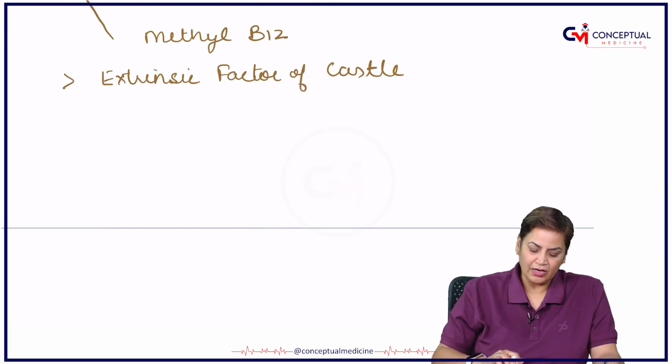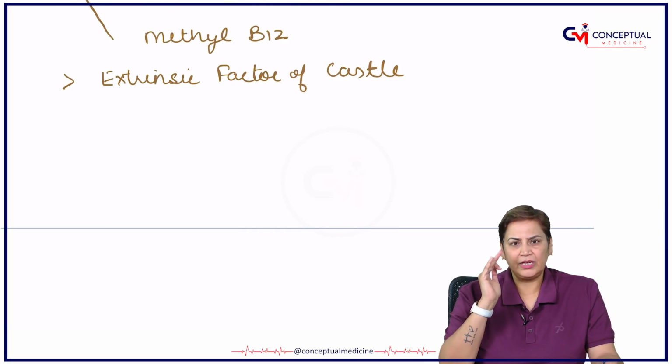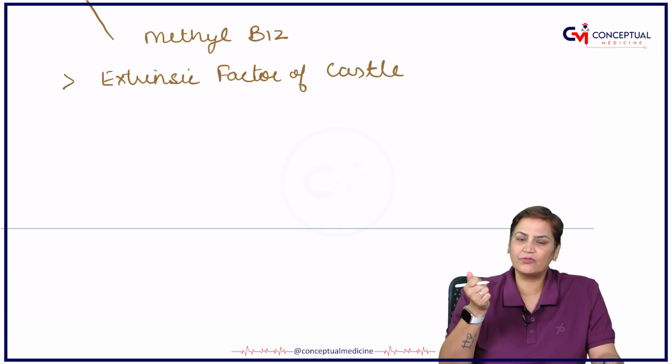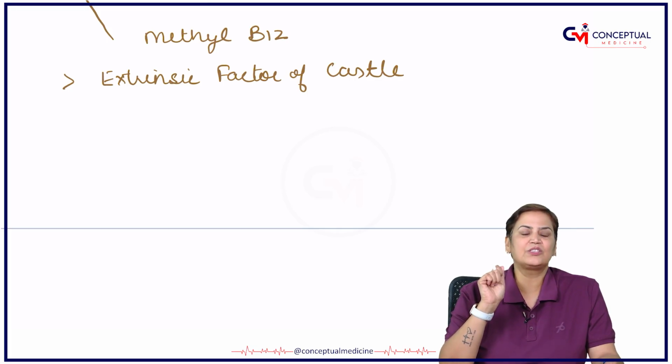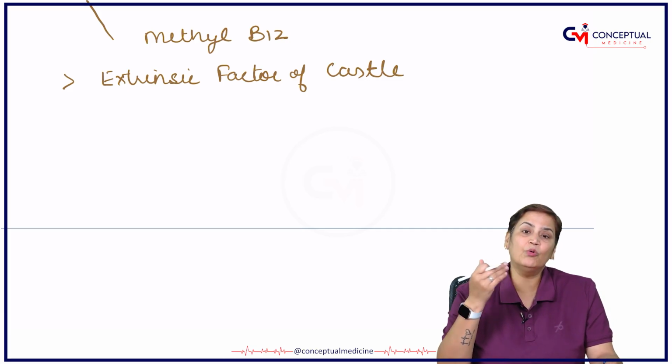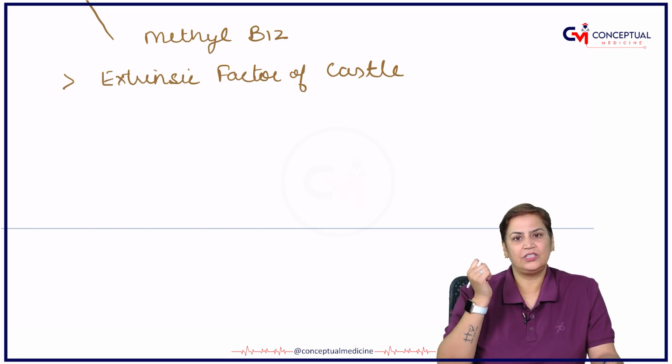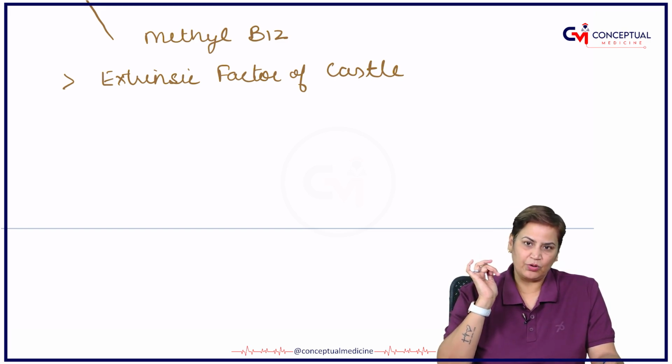Now, first of all, the most important point, the unique feature of B12 which distinguishes it from the rest of the vitamins is that this is the only vitamin which is of animal origin. That is why those people who are strictly vegetarians, they are more prone to deficiency of B12. This is the most important feature.